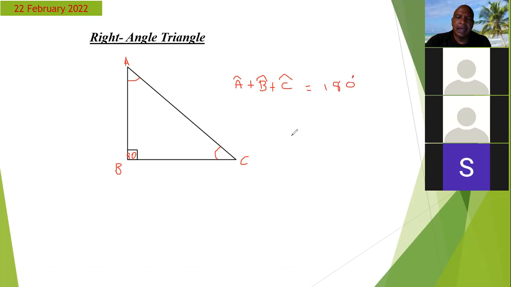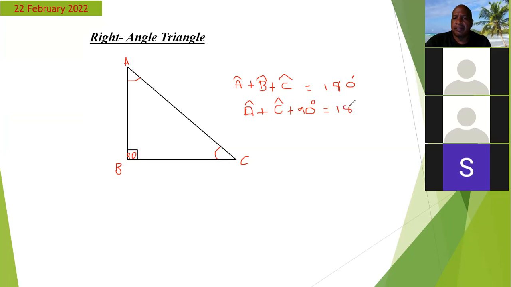All right, and if we know that B is already 90, then angle A plus angle C plus 90, because B would be 90, must give you 180 degrees.